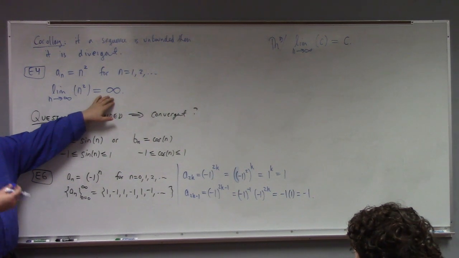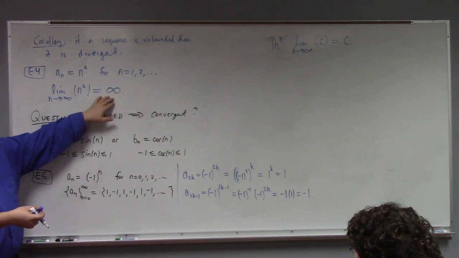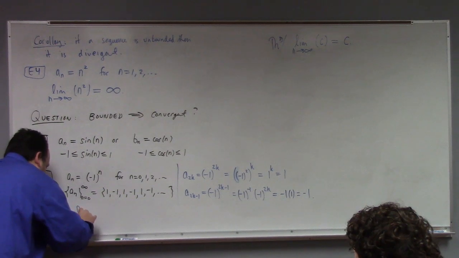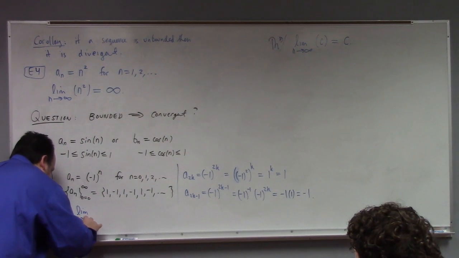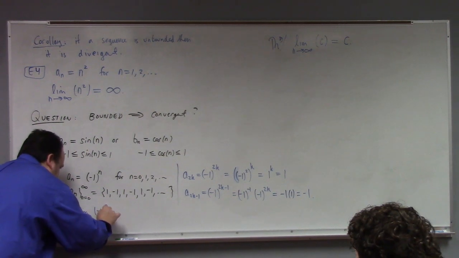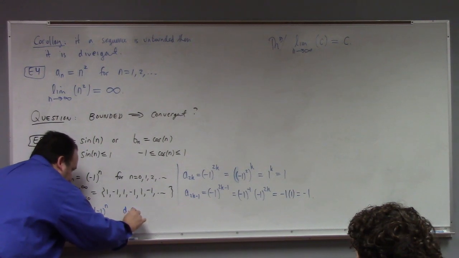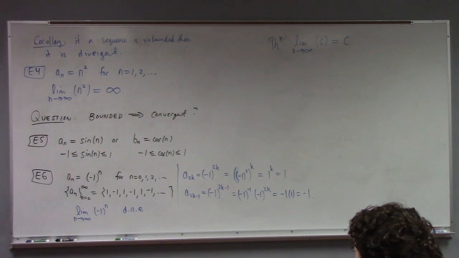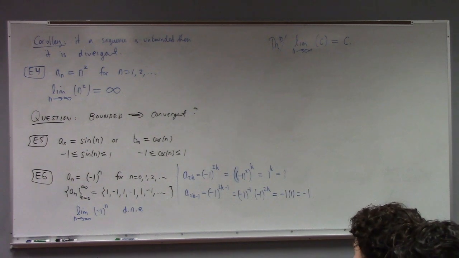Likewise, minus infinity says that the sequence is growing without bound in the negative direction. This guy, on the other hand, we write this: the limit as n goes to infinity of -1 to the n does not exist. If you want to be more generous, you can say it does not exist due to oscillation. The same would be true for the sine and cosine examples.